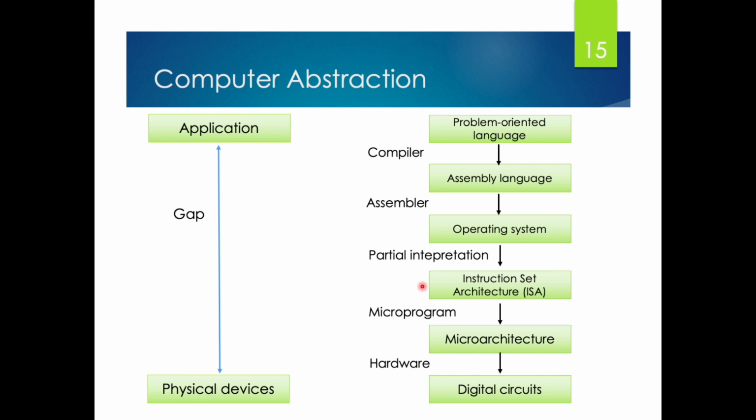And you also have another course about operating systems. About the problem-oriented languages, you learn a lot, for example C, C++, Java, or Python. For computer engineering students, they will study the lower two layers, that is the microarchitecture layer and the hardware or digital circuit.